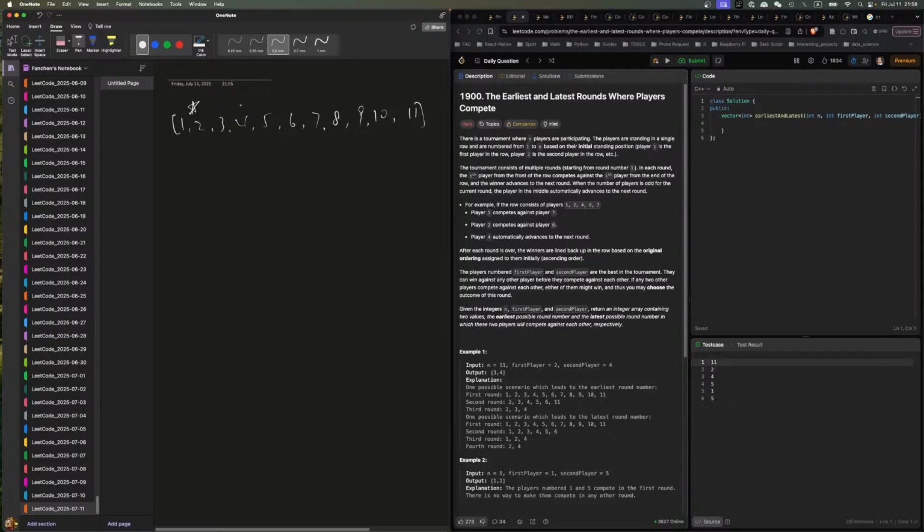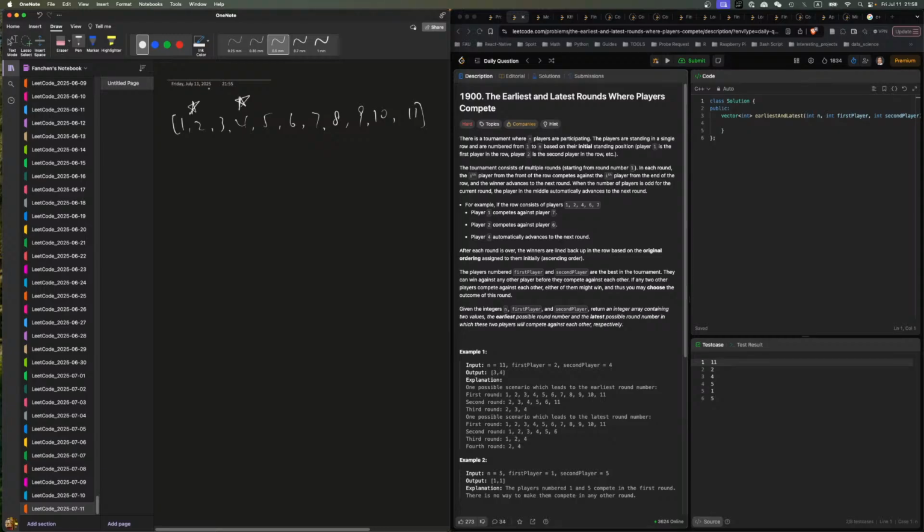Second player is number 4. Doesn't matter. We just want them to be earliest, right? So we want the earliest possible round number and the latest that the two players. So basically, we want to see what's the earliest that the two numbers will compete against each other.